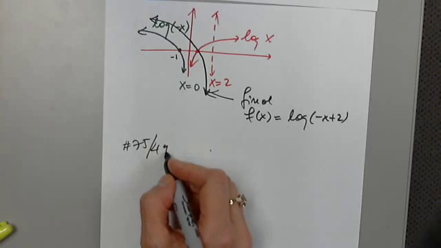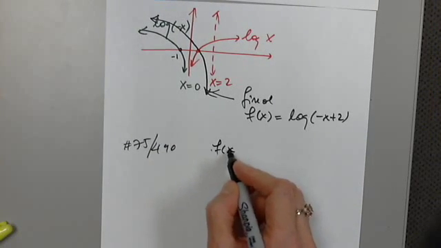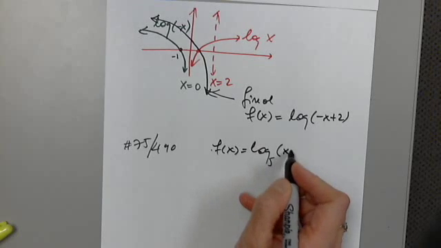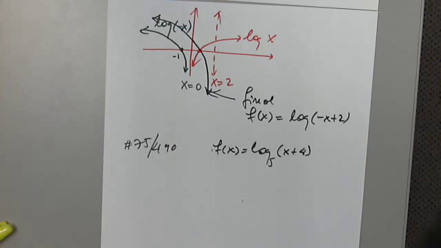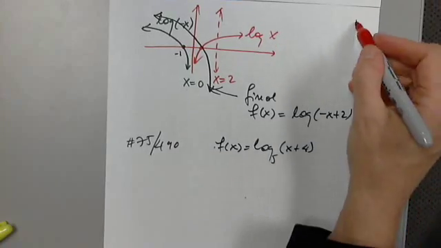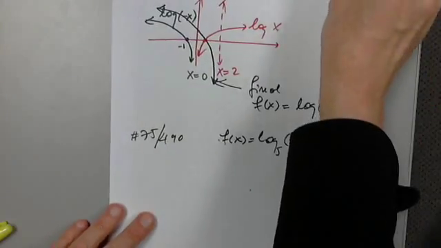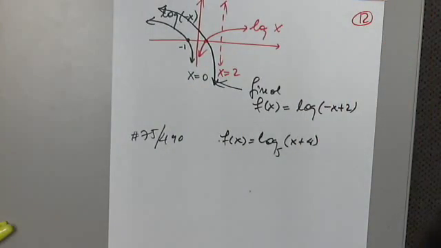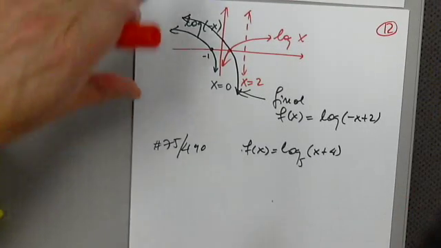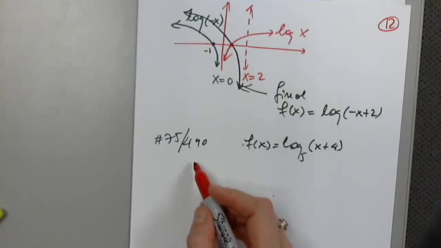Problem 75 on page 490. So f of x equals log base 5 of x plus 4. I only want the domain. And then we'll look at an application here. What do I have to write? Let's write for everyone to see what we need to write that will give us a domain.